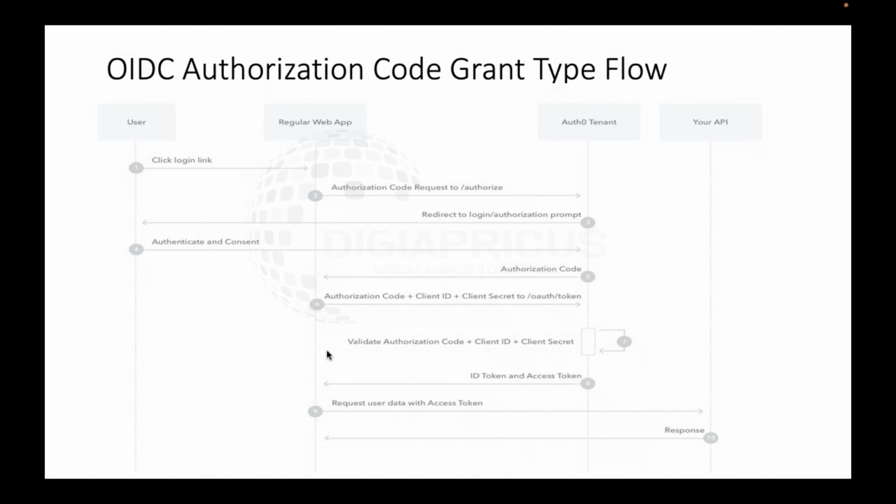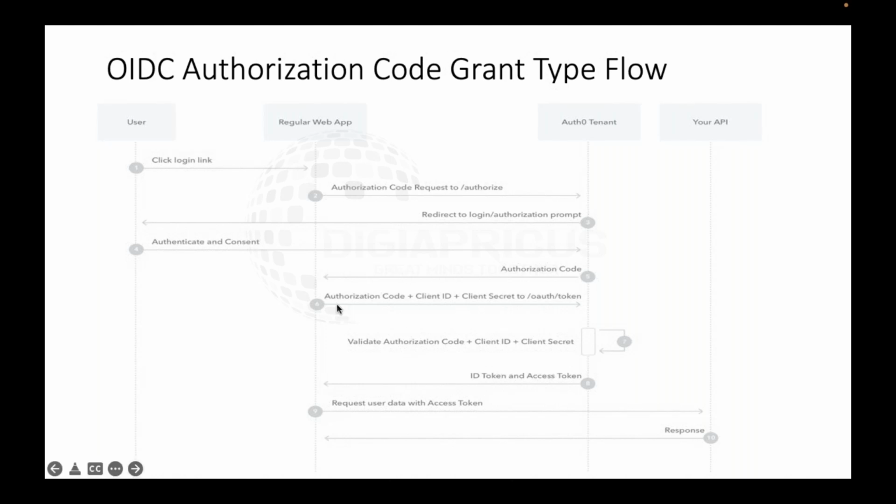Because the moment we integrated the application on the IDP side, we provided them back with the client ID and the client secret. So that's how the web app has all three things. The only thing the web app did not have was the authorization code. So that's why in the first instance the web app told the authorization server, please help me with the authorization code, which was granted only when the user was authenticated successfully.